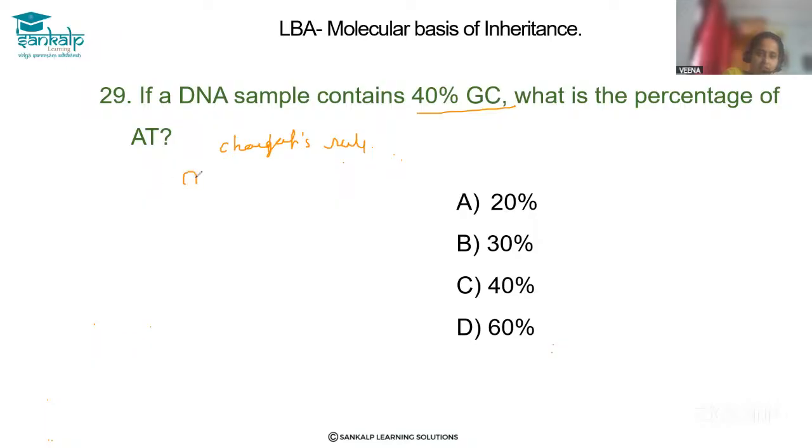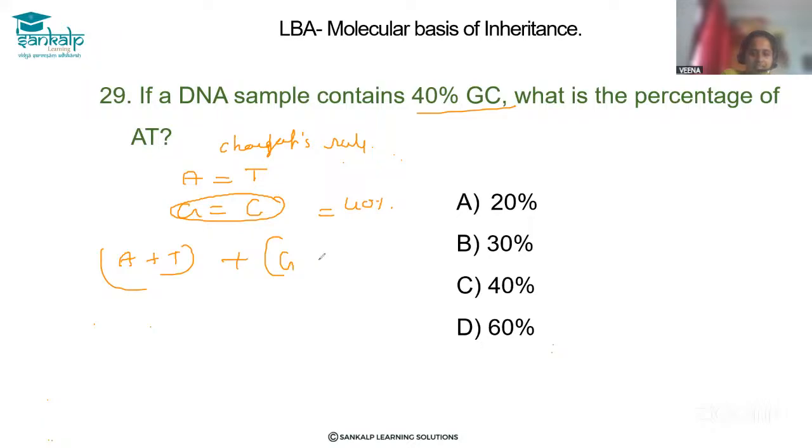you know that adenine sequences are equal to the thymine and guanine sequences are equal to the cytosine. So they have given GC is 40%. So here let's calculate the AT ratio. The total is 100%. AT we don't know, but we know the GC percentage, that is 40.